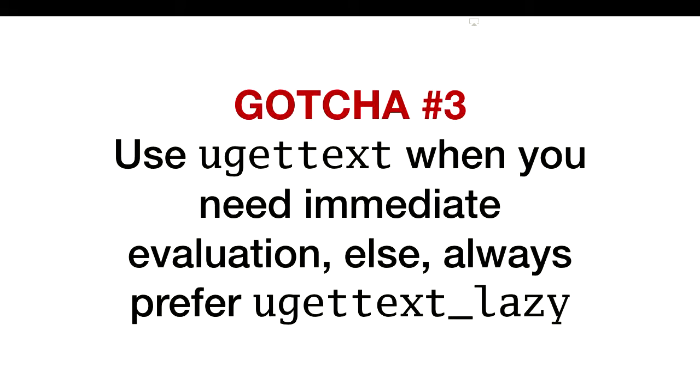So many people have a question here: how do I decide which one to use, ugettext or the ugettext_lazy version? That's indeed a great question. Use ugettext to immediately get the translated version of the text, for example in your views.py file.